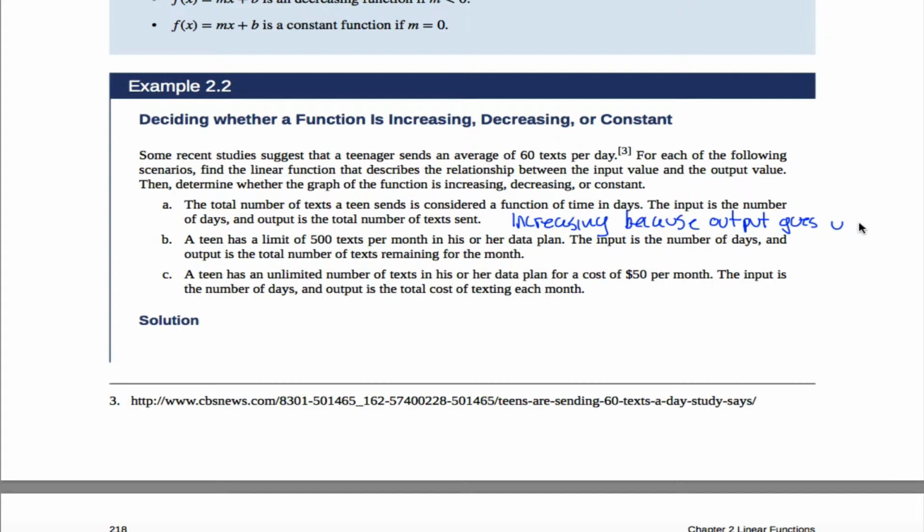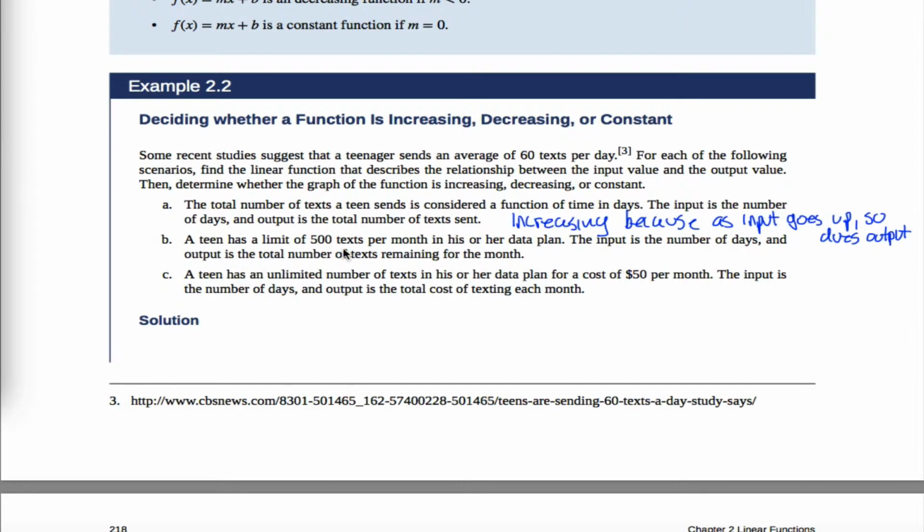As the input increases, so does the output. Same, just another way to look at it relative to what your book said.